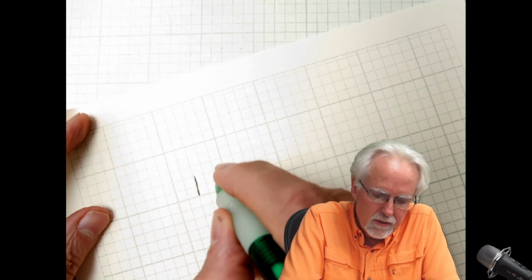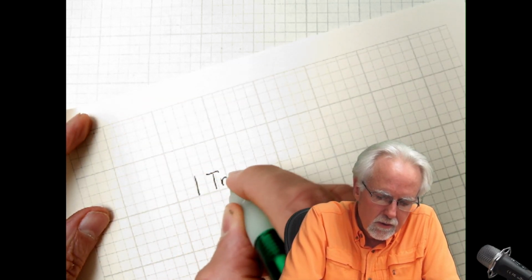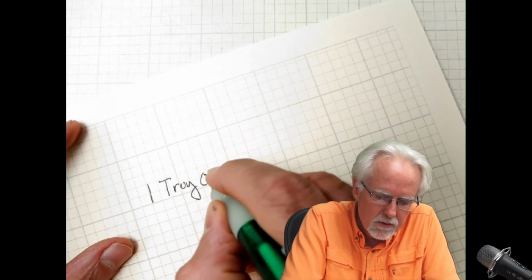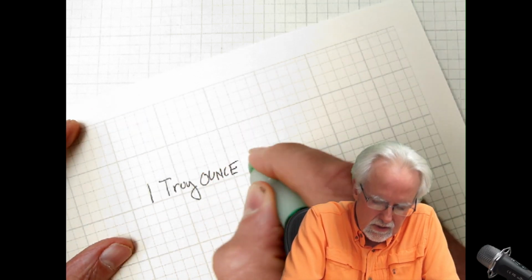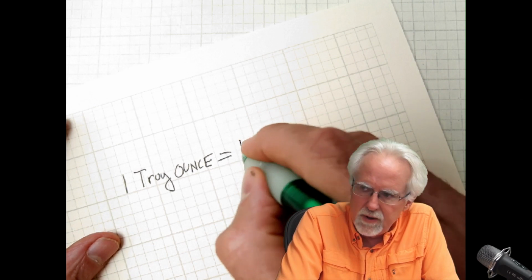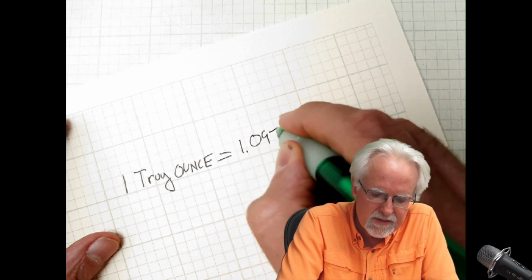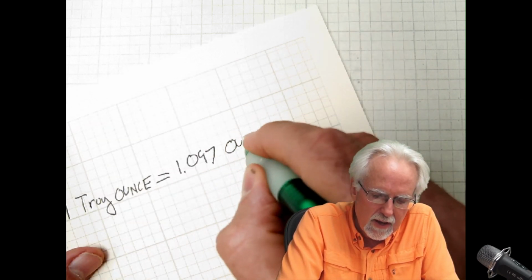And I will show you here, if I can find a good piece of paper. I'm running out of paper. 1 troy ounce is equal to 1.097 normal ounces.